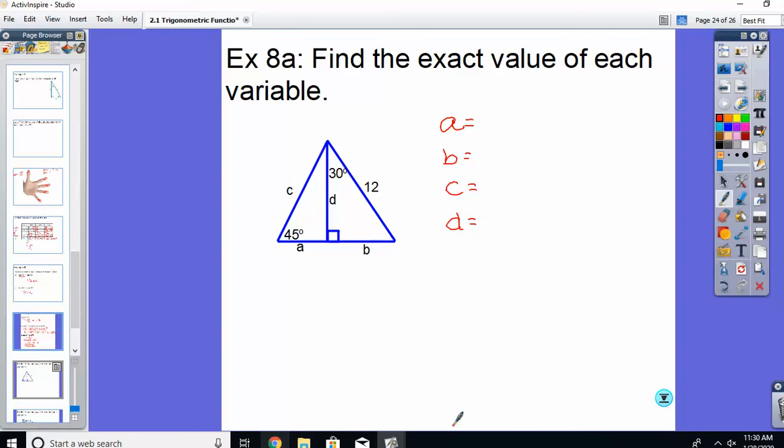To do this, we are going to have to set up some equations and solve. Keep in mind, your trig functions only work in right triangles. How many right triangles are in my picture? 2, because each side of it.